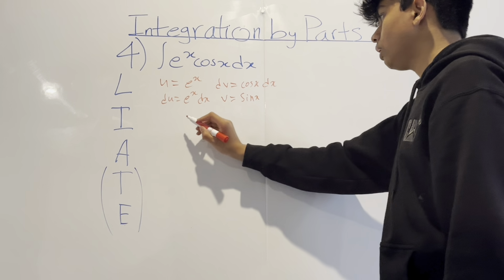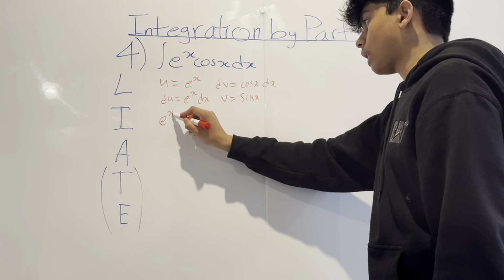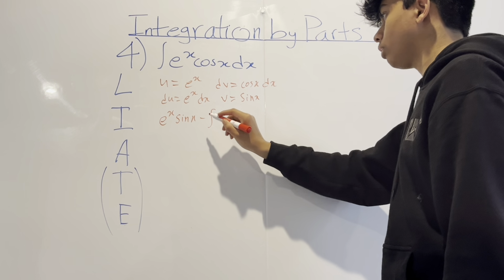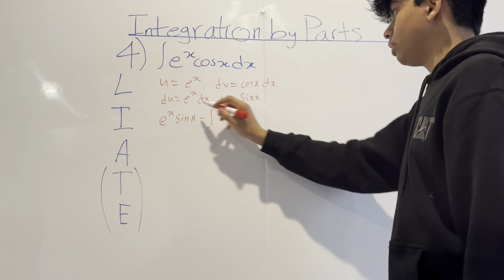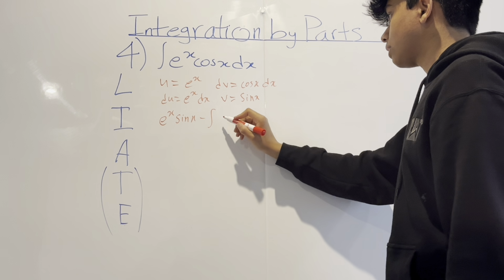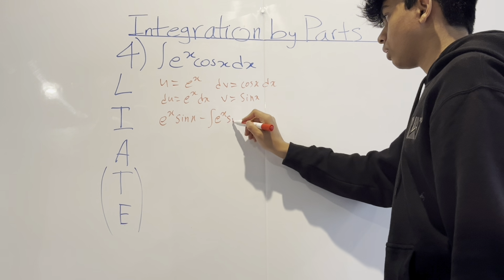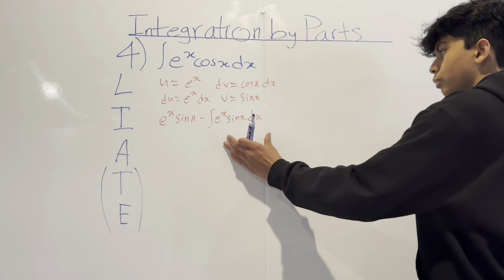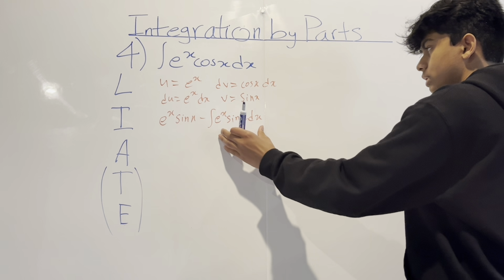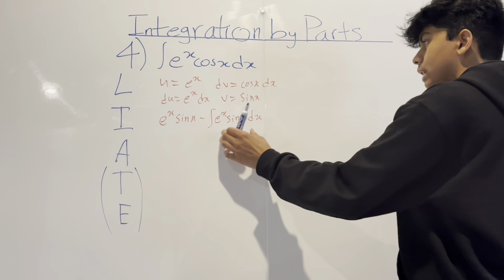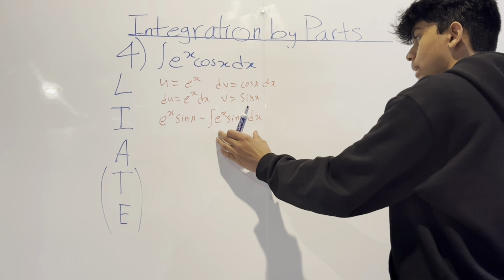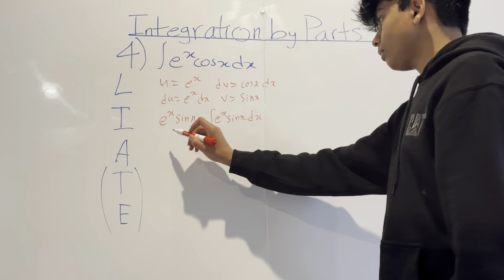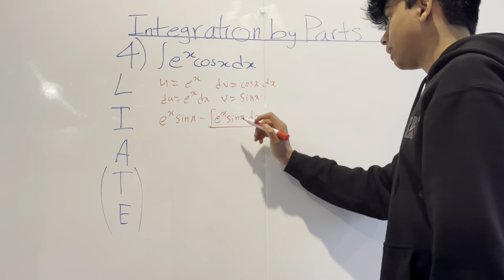So uv is e to the x sine x minus the integral of v du, so e to the x sine x dx. Now here we can't really simplify anything to get a simple integral. So again, we're going to have to use integration by parts one more time. We're only looking at this integral now.